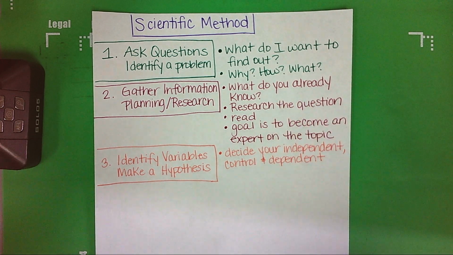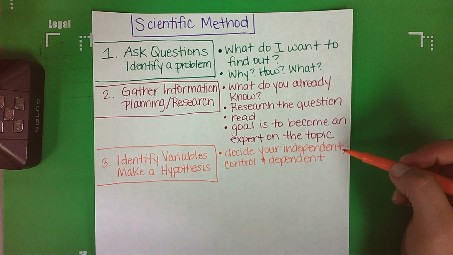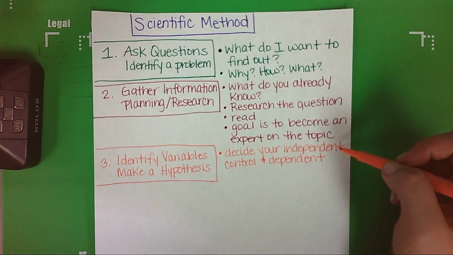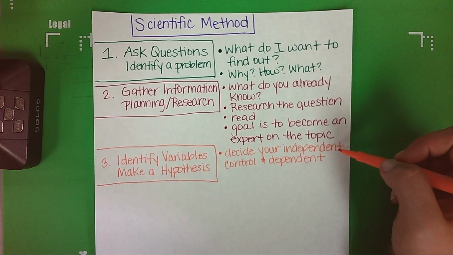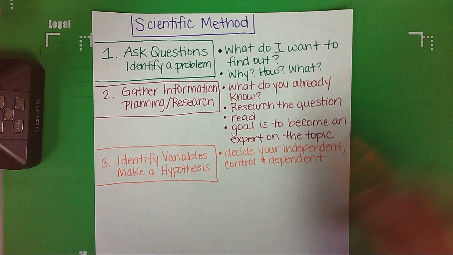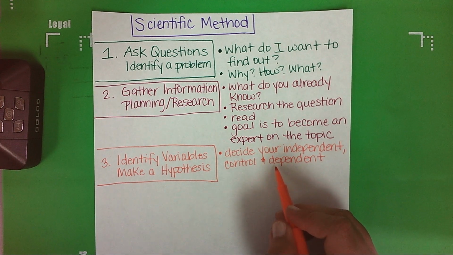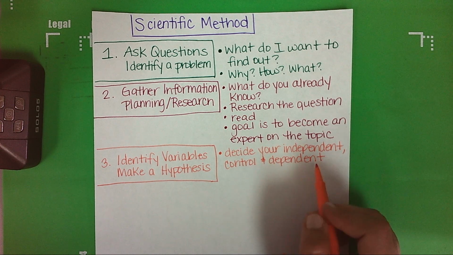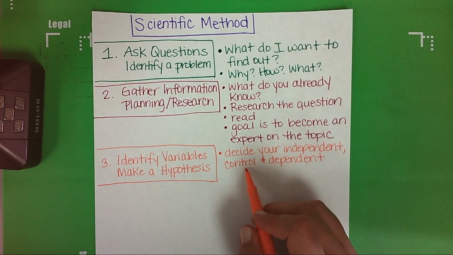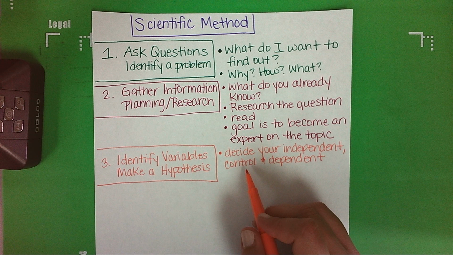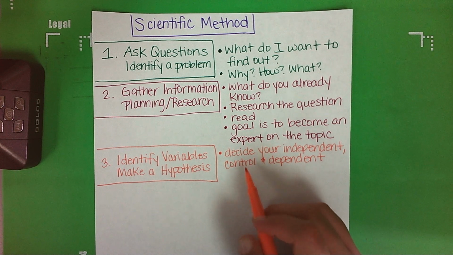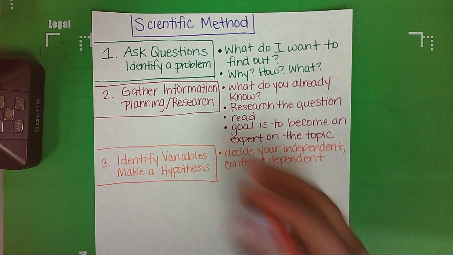When you do that, you are setting up your experiment because your independent variable is what you are changing in order to see an outcome or a result. Well, the outcome or the result that you're going to get is your dependent variable, and your control is your constant. In the next set of notes, I'll be going over this specific step and how to do it.